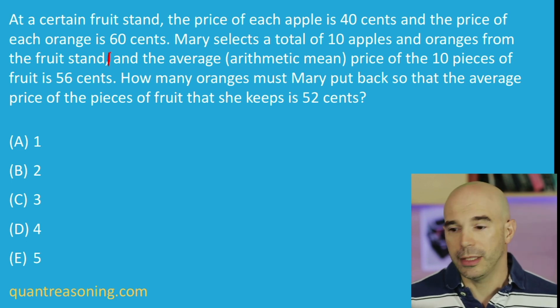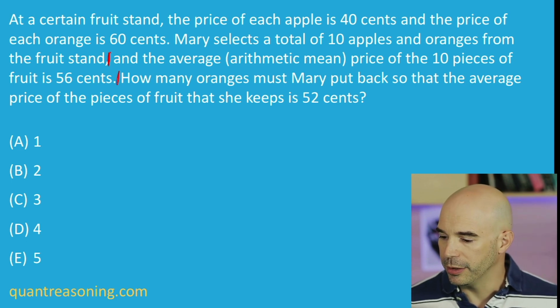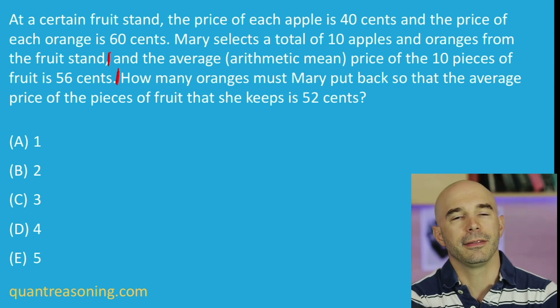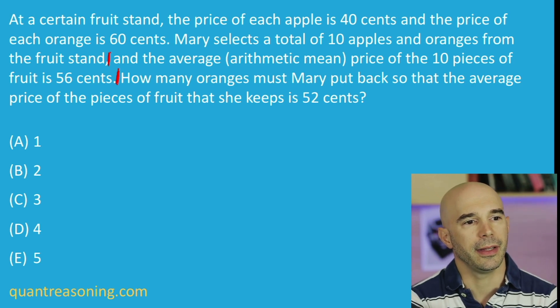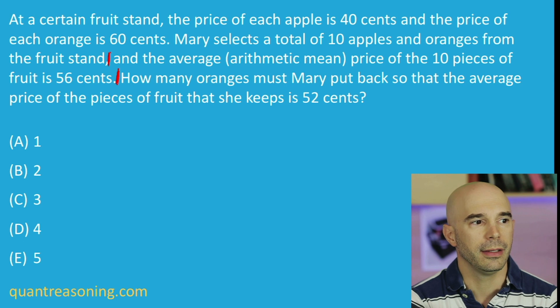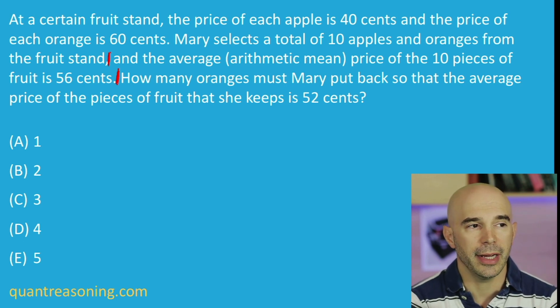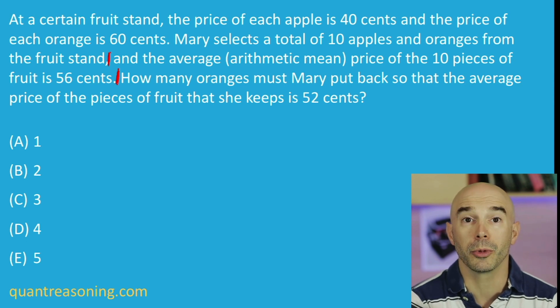So then I keep on reading, and I pause at the period, and I ask myself, does this even make sense? That the average amount that she paid per fruit was 56 cents. And my answer is, yes, it does make sense, because you'd expect it to be somewhere in between 40 cents and 60 cents, and indeed 56 cents is inside of that range.